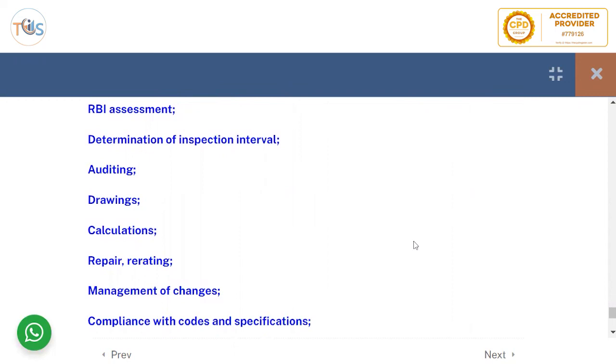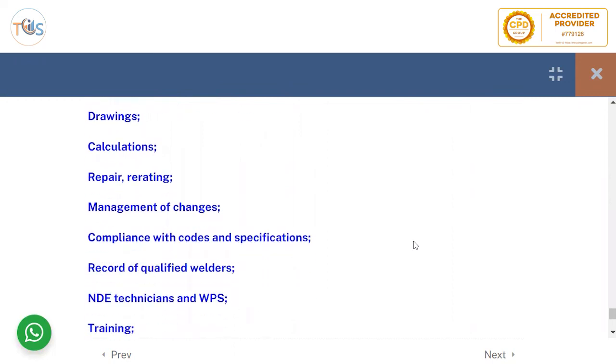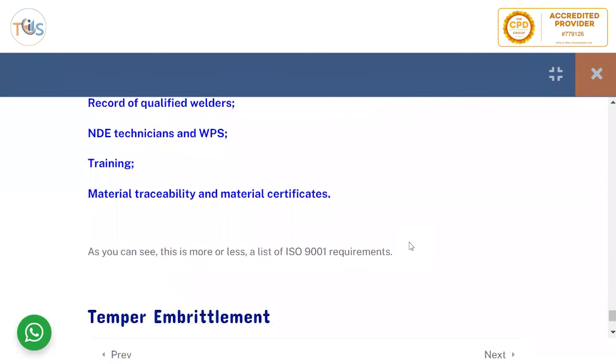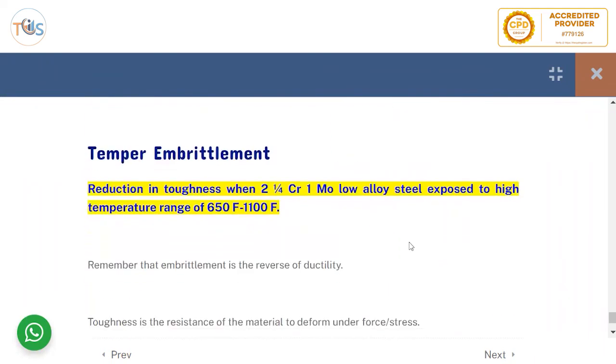Documentation such as drawings, calculations, any repair, rating, resources, and any management of change that has been documented, any evidence to show that they are compliant with the codes and the specification, and the resources of qualified welders and qualified technicians, approved WPSs, welding procedures, training, material traceability, and material certificates. So this is more or less a list of ISO 9000 content.